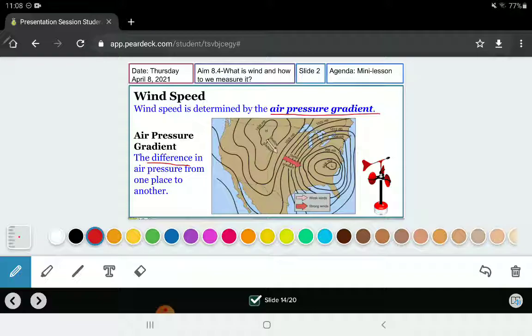If this were a hill, this would be a nice gentle hill you take 2-year-olds sledding on for the first time. The steep gradient is like the black diamond in snowboarding and skiing. You have to be really advanced because it's super steep. We're going to have very weak winds over here, and strong winds over here.